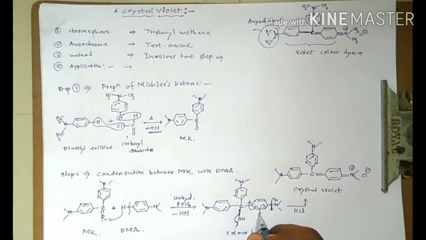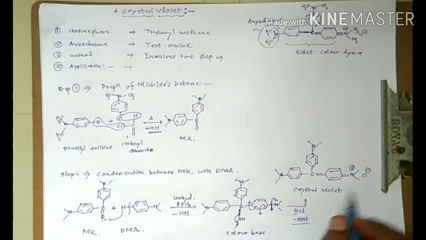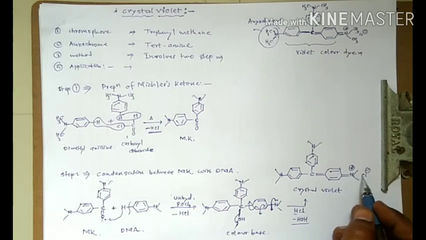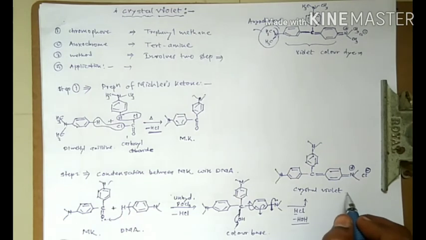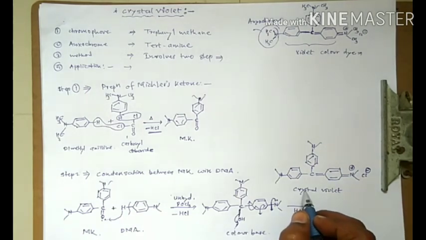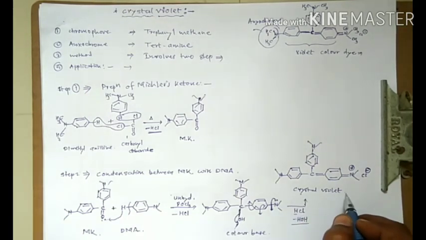This bond will shift here and this bond will shift between these two carbons, and this OH will go away. There is elimination of HCl's H and this OH, and formation of a water molecule, and this nitrogen will carry positive charge, so therefore it is present in the form of a salt, or what you can say the dye, crystal violet. Okay.